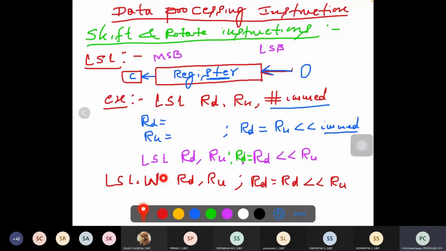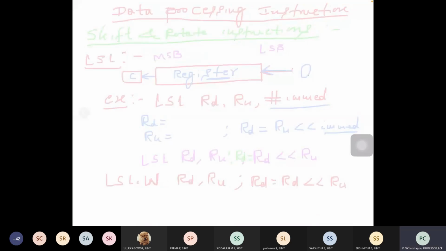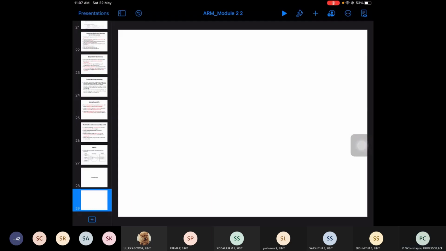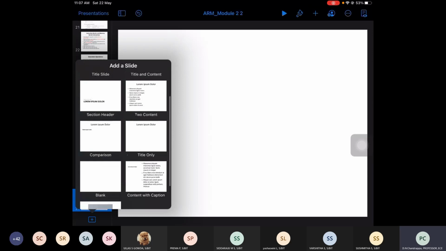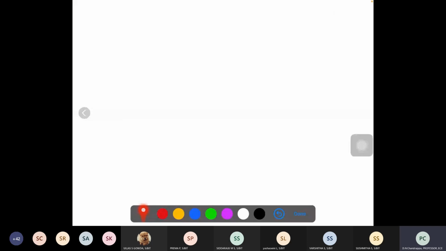But even if you go to Thumb mode, the same flags are affected. This is called flags unchanged. This is what is called logical shift left.